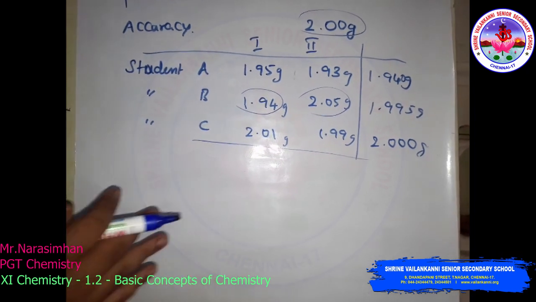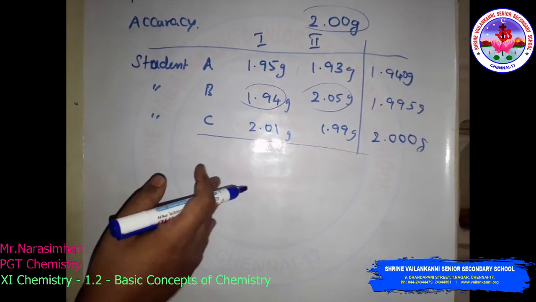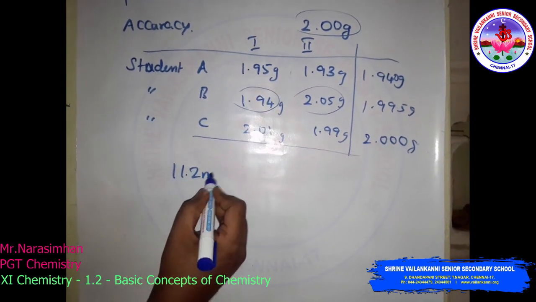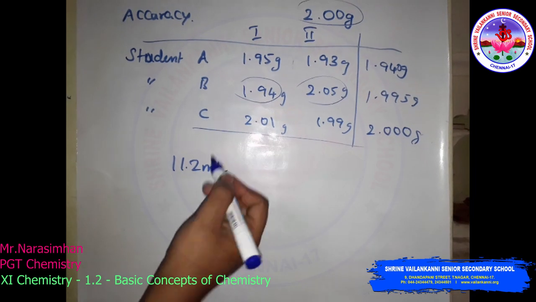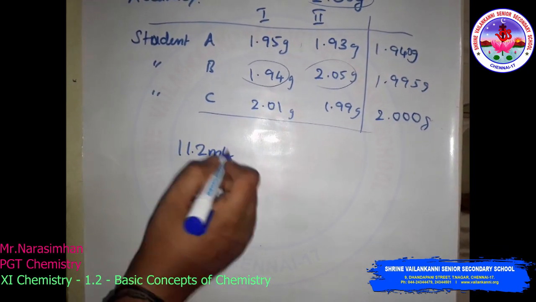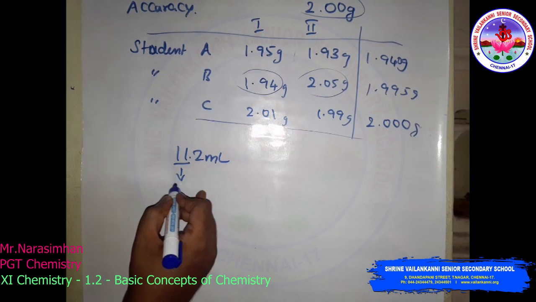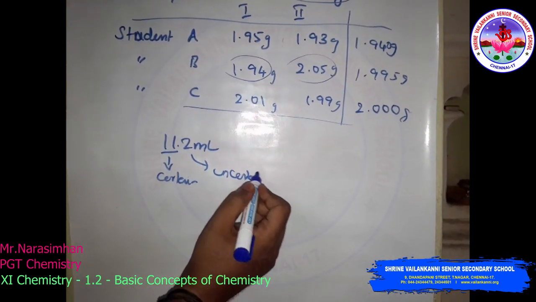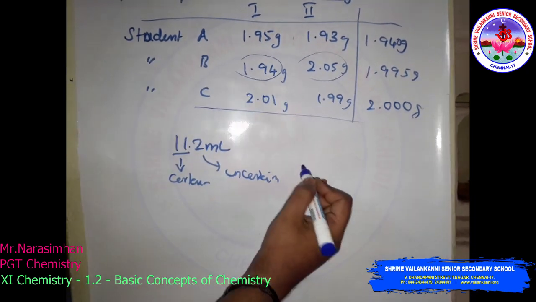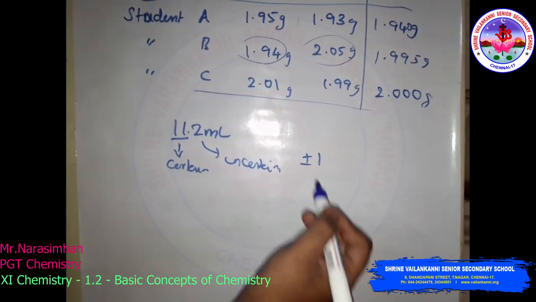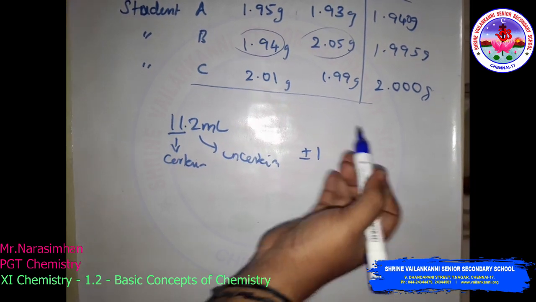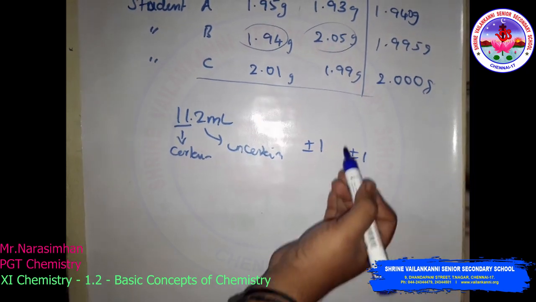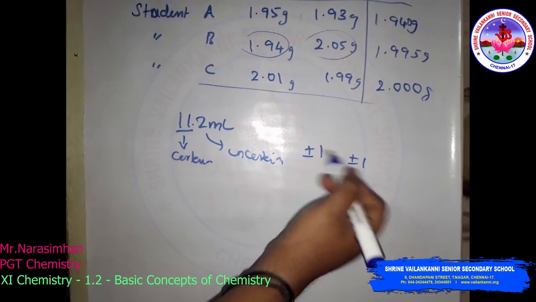For example, if you write the result as 11.2 ml, we say that 11 is certain and the 2 is uncertain. The uncertainty would be plus or minus 1 in the last digit. Unless otherwise stated, the uncertainty of plus or minus 1 in the last digit is always understood.